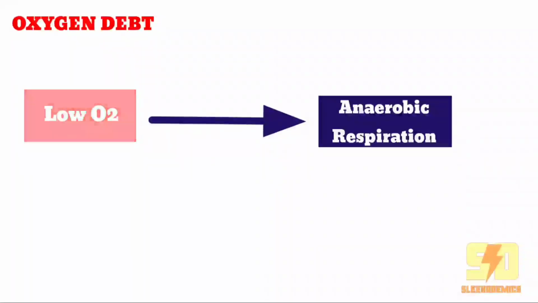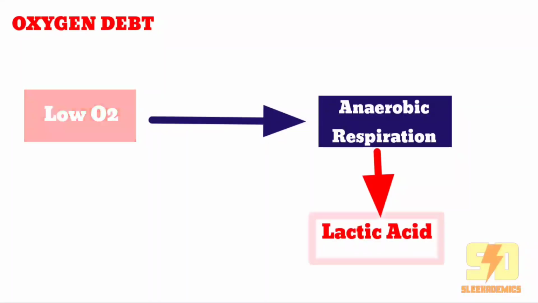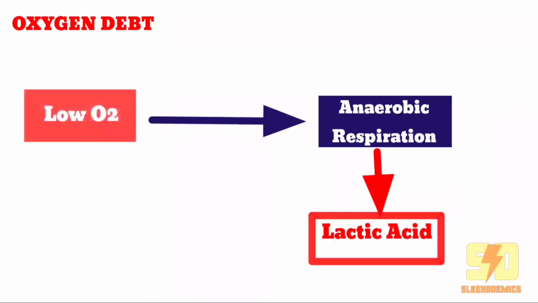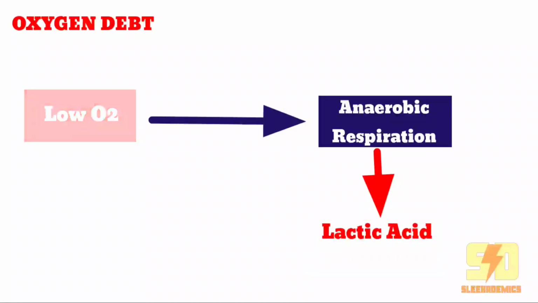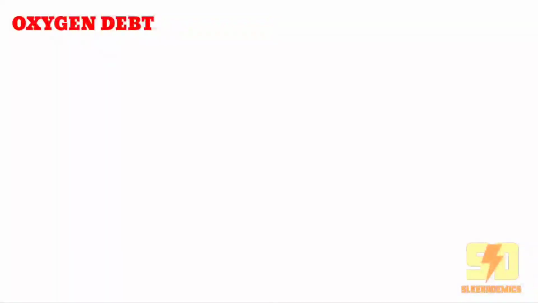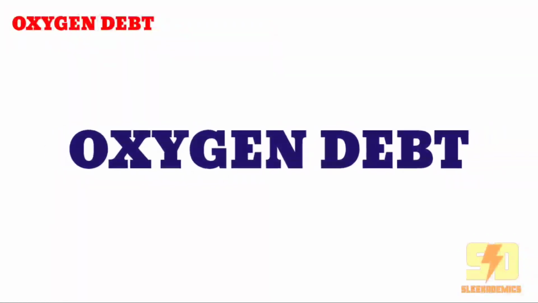The only problem here is that in the process of producing energy through anaerobic process, lactic acid is produced. This is what gives us that burning sensation in our muscles whenever we are exercising or involved in any rigorous activity. This situation is known as oxygen debt, like when you're owing somebody something or some money.